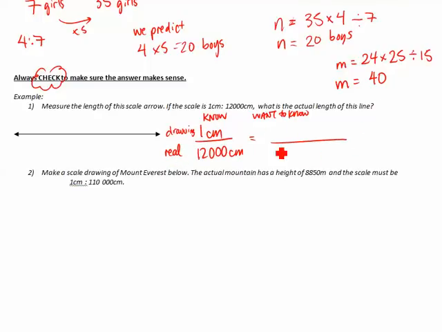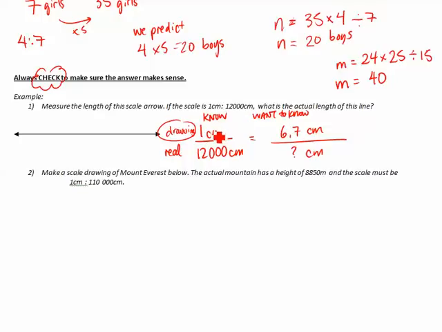Well, we don't know the real version, but we do know the drawing size. So if we take our ruler out and we measure this, it ends up being 6.7 centimeters. So let's just review that. Our scale that we know is 1 centimeter to 12,000 centimeters. On the right-hand side, I want to know the real length, but given the drawing of 6.7 centimeters, I can use scale factors because it's easy to find.